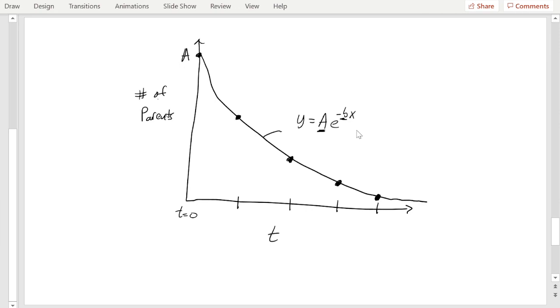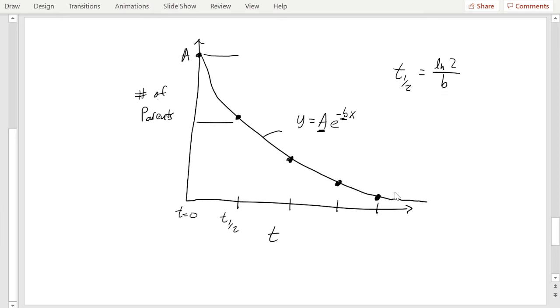In fact, I'll go ahead and give you the formula. I wasn't going to, but I will. The half-life, the amount of time it takes to reduce your population by half, is equal to the natural log of 2 divided by that b constant.